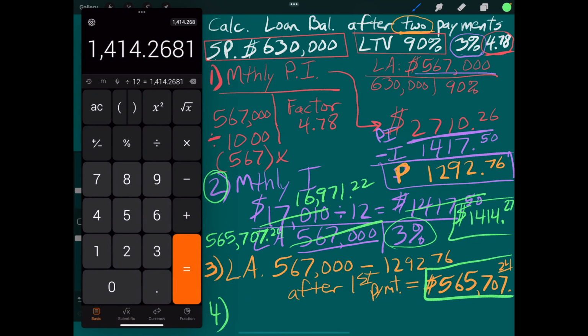So we're going to plug this into this little box, and it looks like this. The regular monthly payment was $2,710.26. That has not changed. That stays the same. We're going to subtract the $1,414.27 from that.